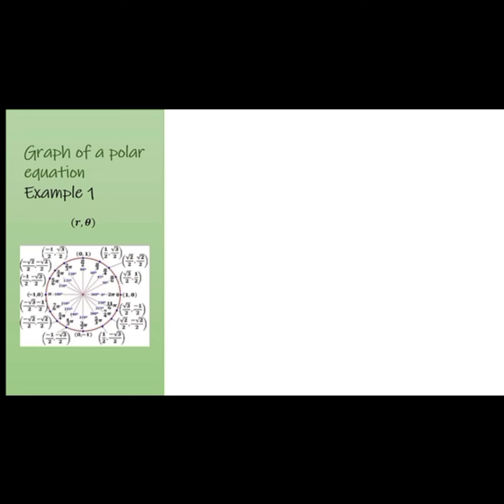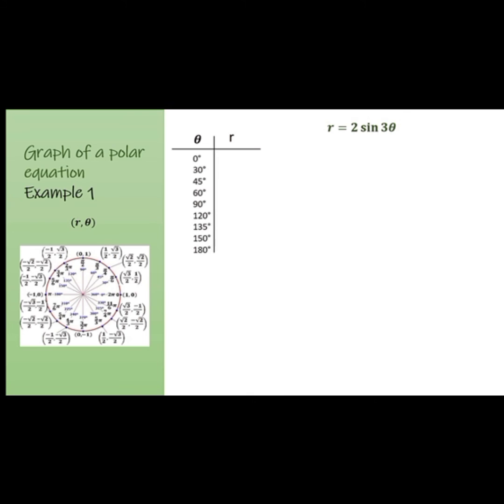We will perform two graphing exercises of a polar equation. Example 1. We will use the trigonometric circle. We have the equation r equal to 2 sine of theta. We make a table to find theta and r. We take the sexagesimal values of the trigonometric circle for theta.